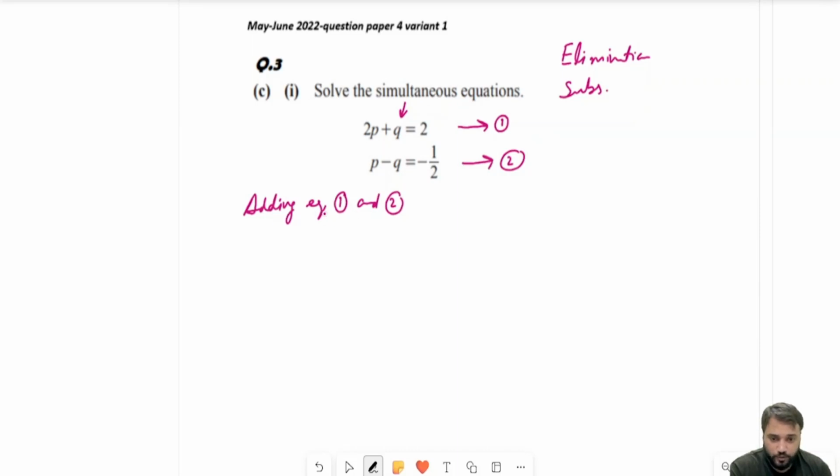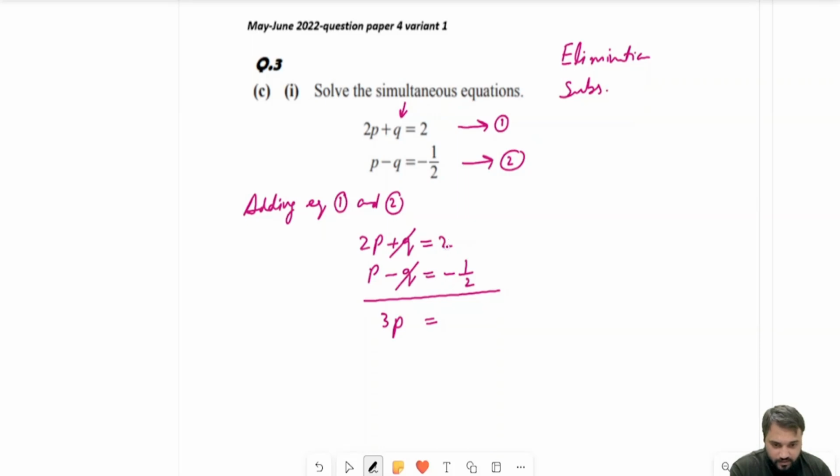Okay, so adding equation 1 and 2, I'm going to write it again, 2p plus q equal to 2 and p minus q is equal to minus 1 over 2. I can cancel positive q to minus q, 2p plus 1p, that is equal to 3p.